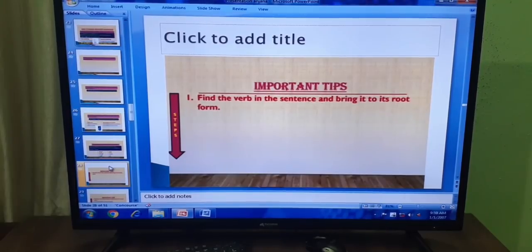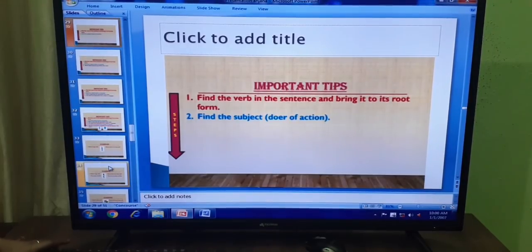Now some important tips are: find the verb in the sentence and bring it to its root form. The second step is find the subject, the doer of action.